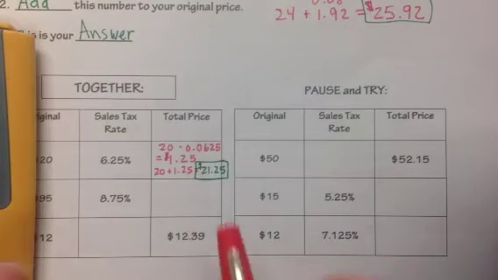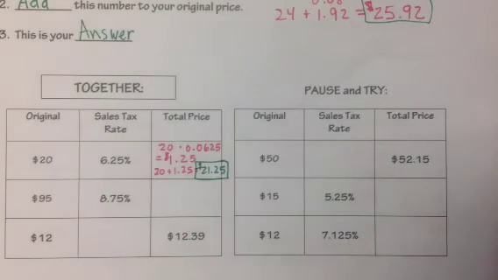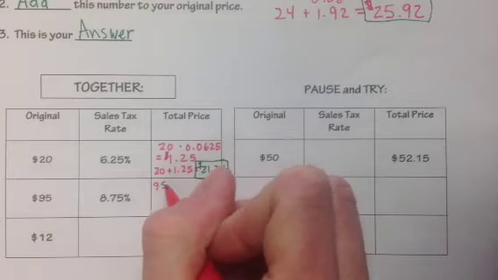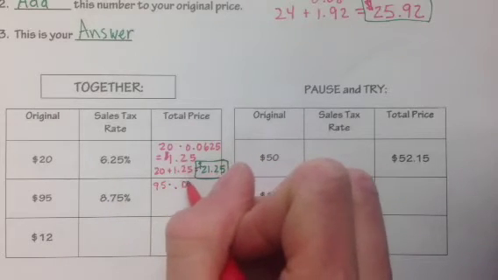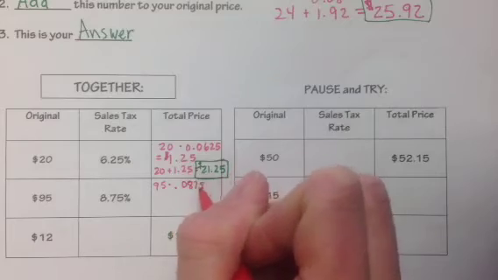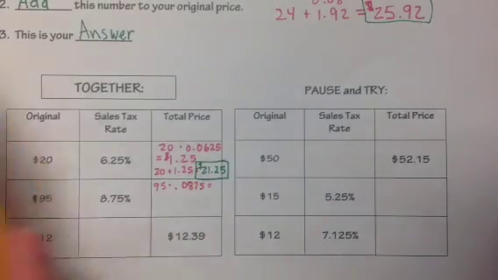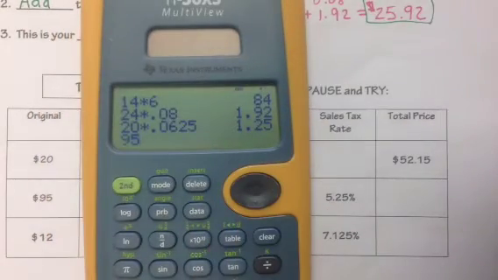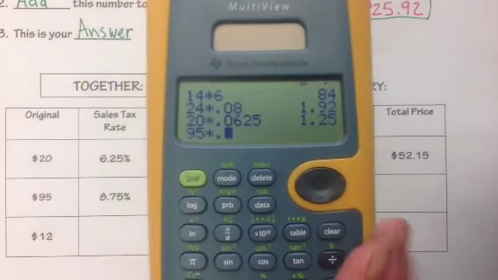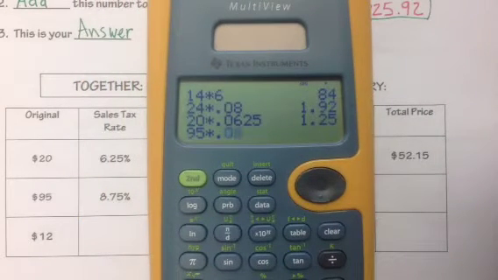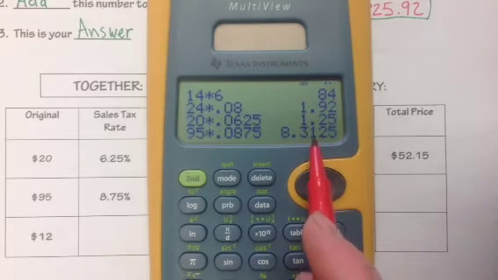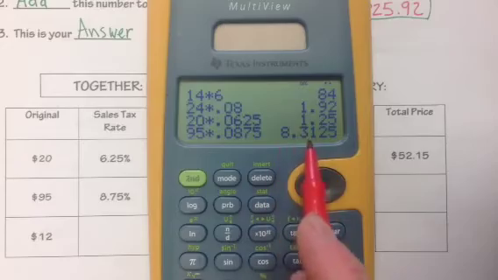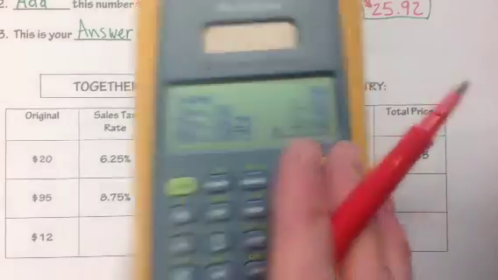Okay, let's do the next one. $95 times my 8.75%, so I'm going to put 0.0875. And when I do that, I get $8.31, and when we're talking about money here, we like to round to the nearest hundredth, because that 2 is smaller than 5.